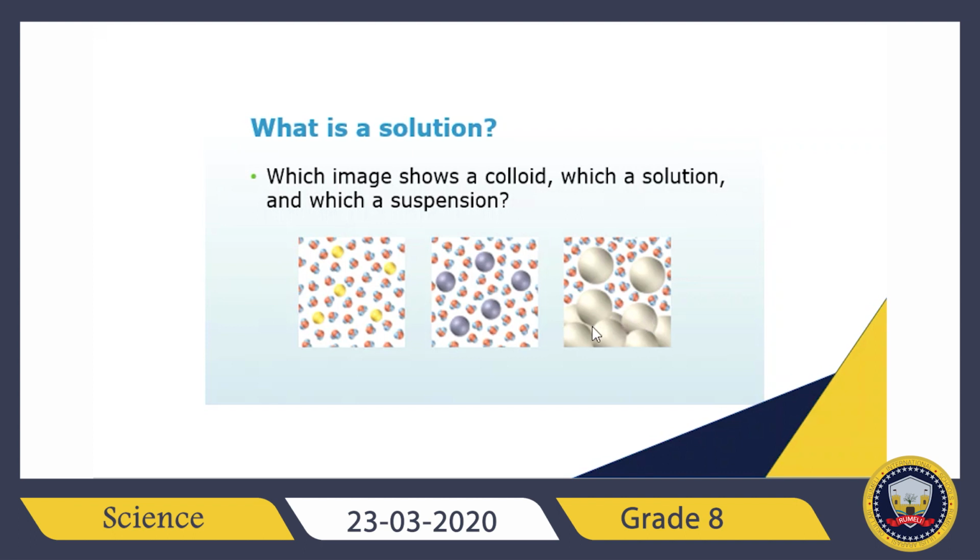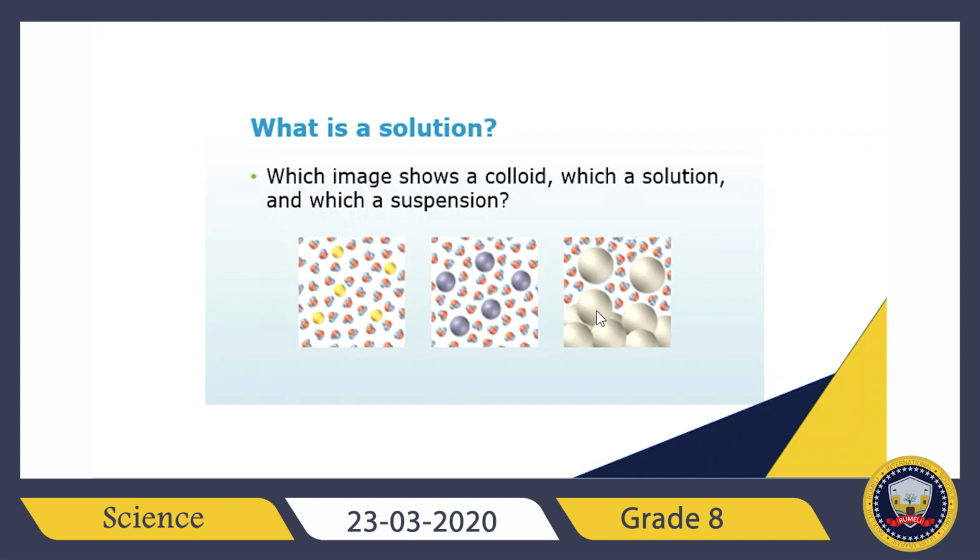And if we try to separate these particles out of the mixture, we can do it easily using a filter paper. A common example is if you make a mixture by mixing an amount of sand in a cup of water. You try to dissolve it by stirring, but you will not be able to dissolve the sand particles.